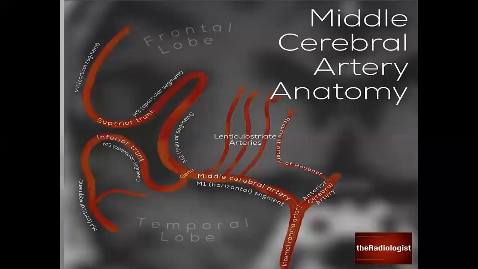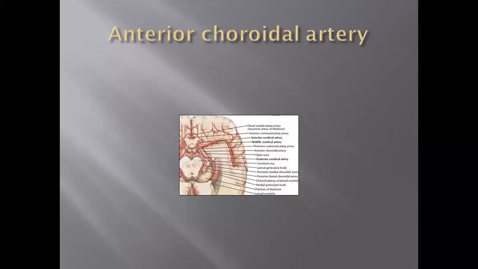And if you have occlusion of an anterior choroidal artery, it may be asymptomatic, but due to its wide distribution, there may be slight effects. The reason why you may not see the symptoms is that it does have an anastomosis with the posterior choroidal artery. Right.